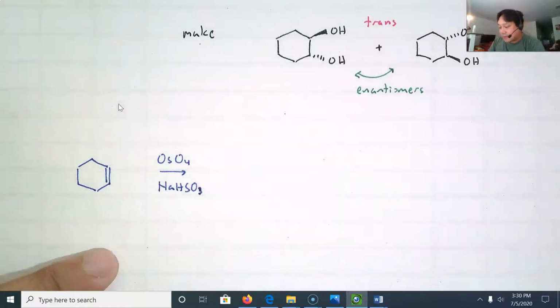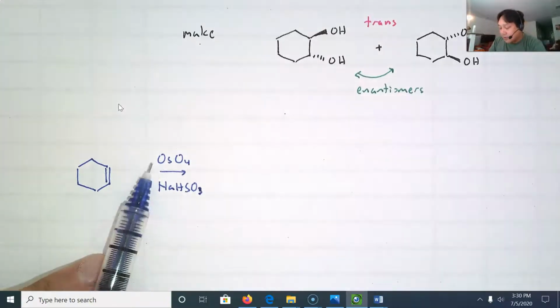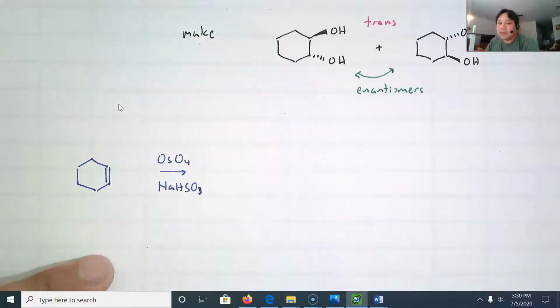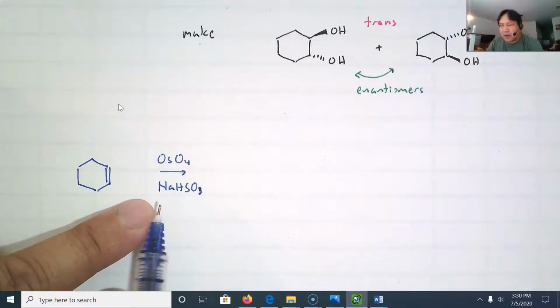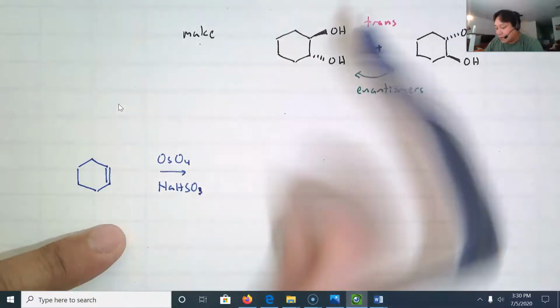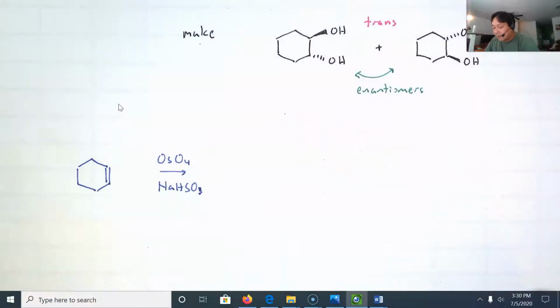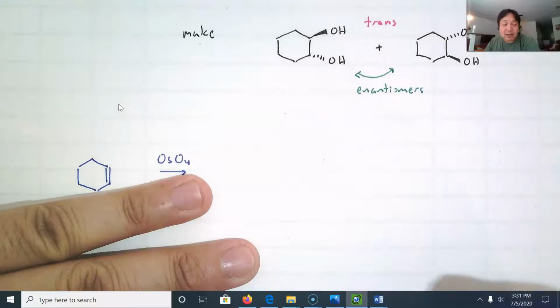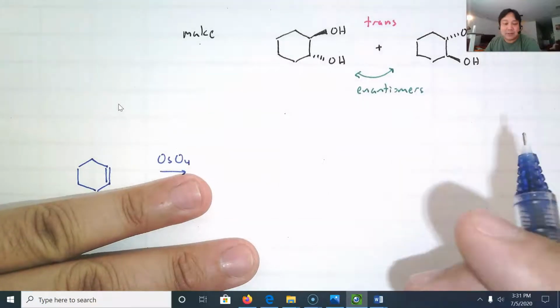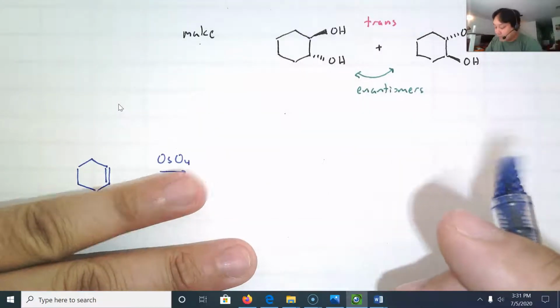Some textbooks and some web pages put 1 and 2. Some textbooks, instead of this reagent, they have water and H2O2. This is the combination that I like. If a student gives me just osmium tetroxide, then I would probably count it as correct also.